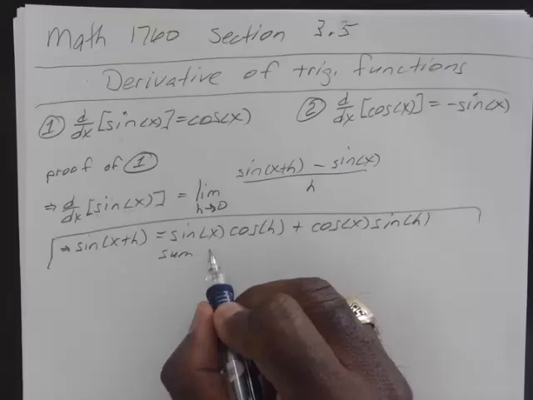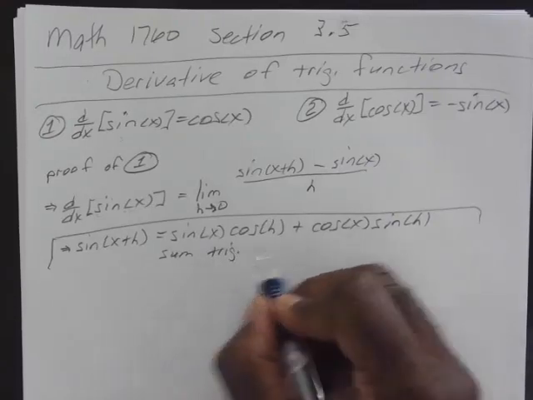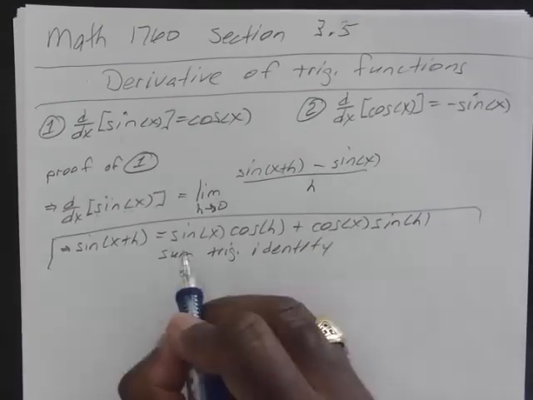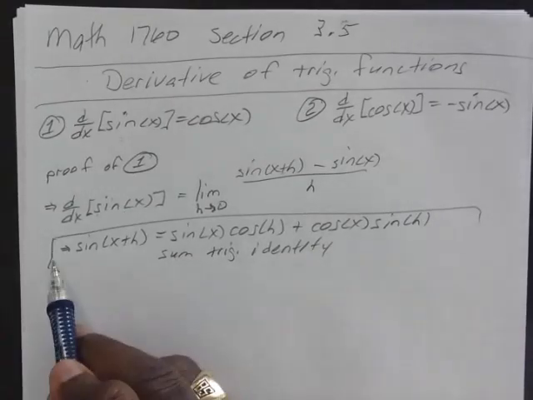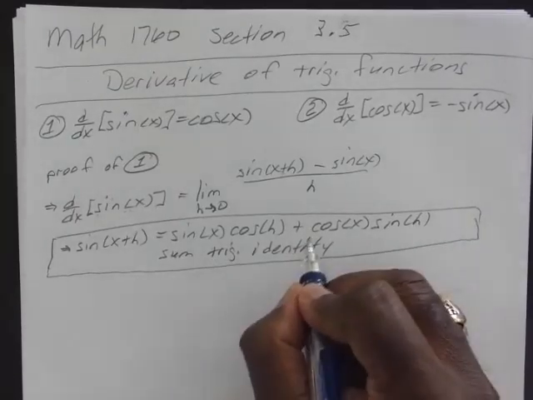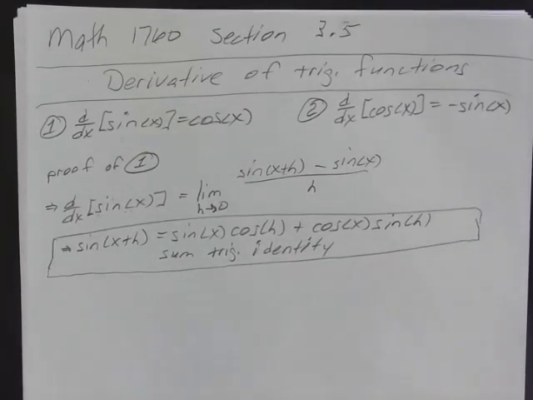That's the sum trig identity. And you should remember that from either trig or pre-calc. Like I said, if you don't, that's normal because it's not a formula you use all the time, but it does come in handy.